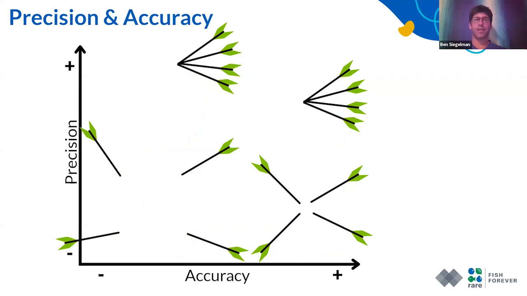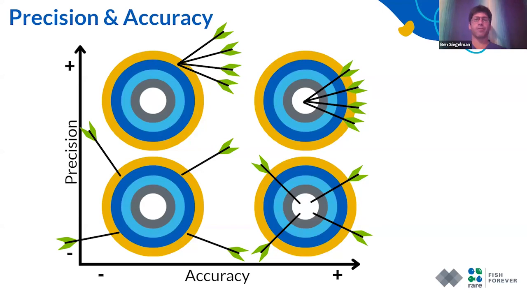And if you have a survey that's not precise or not accurate or both, you're just not going to know what it's telling you. Look at how hard it would be to know the difference between the top left and the top right. All those arrows are in the same place, but we don't know which one of those contains the target. So that's how I think about precision and accuracy in surveys.